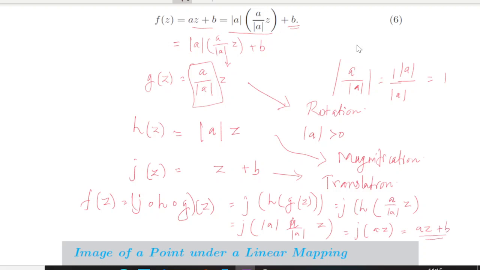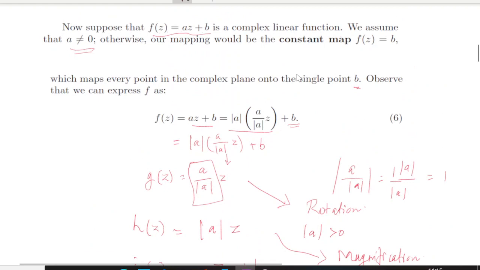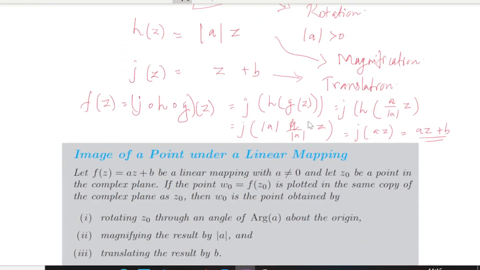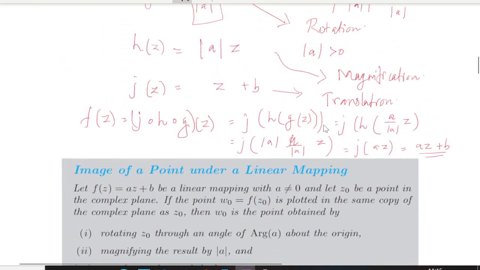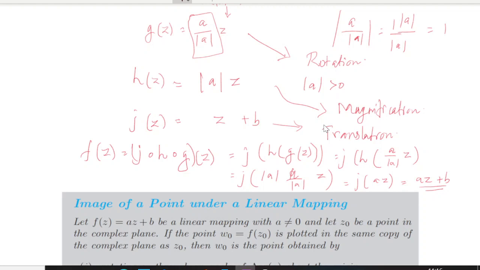So altogether what we have done is, we first took an arbitrary or a general linear function, that's f of z equal to AZ plus B. Now we have expressed that as a composition of J, H and G. What is J? Translation. H, magnification and G, rotation.